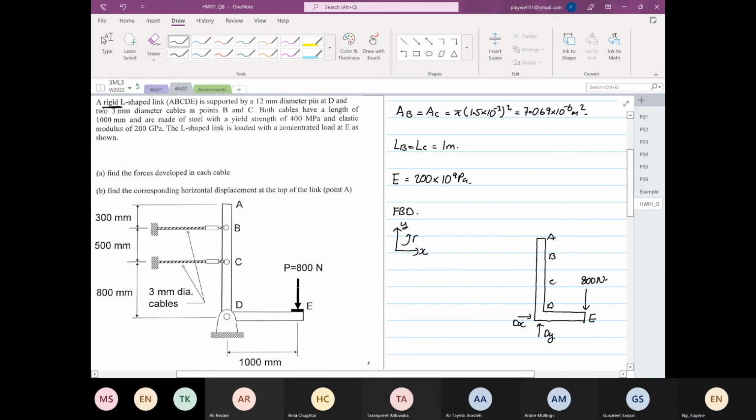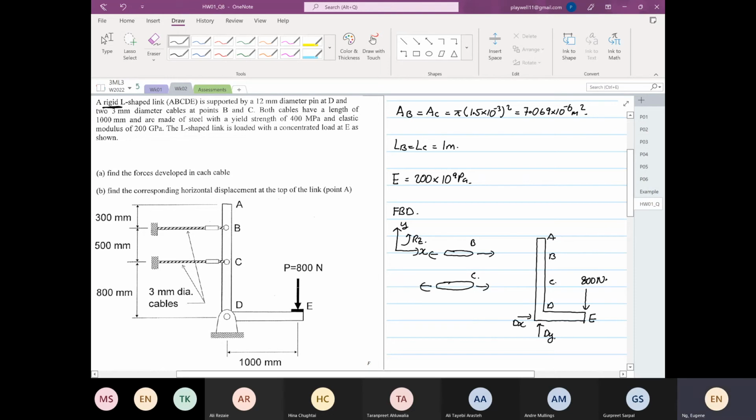Then we have a cable at point B and a cable at point C. This is our point B over here, and this is point C. Now, question for you all: will the cable at point B and point C be in tension or compression? Yeah, tension.